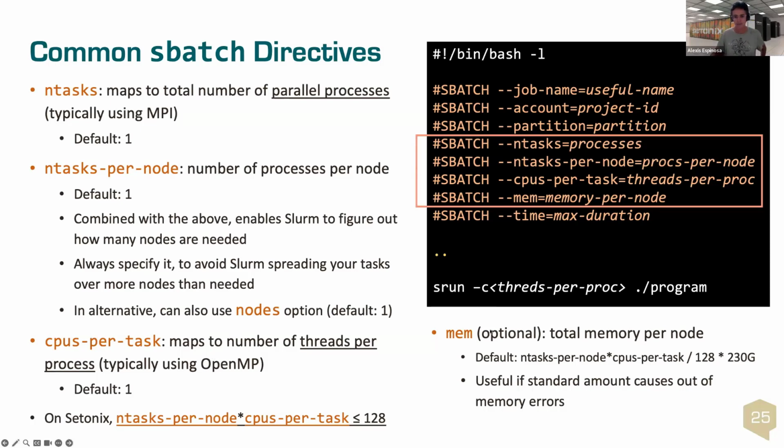What else? The mem. So you can also tell how much memory you need for your job. So sometimes, for example, in these kind of jobs that we are only saying 111, the amount of memory is just 128. So the total memory available is divided in 128 pieces, and only one of those pieces is assigned to the job.